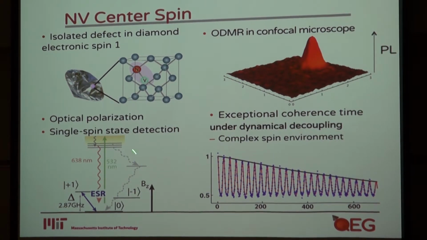And also they have a nice set of electronic levels which allow single spin state detection by just looking at the fluorescence light intensity, which depends on whether your NV is in the 0 state or in the plus or minus 1 state. The other nice thing about NV centers is that they have pretty long coherence time, even when you're just considering a natural diamond sample. And this coherence time can be increased if you actually have isotopically purified samples.